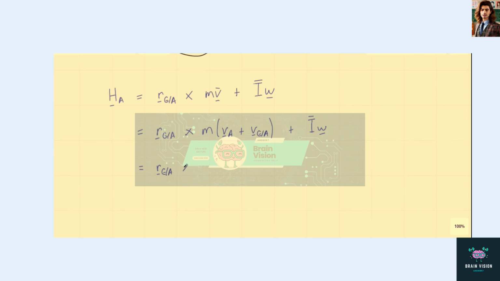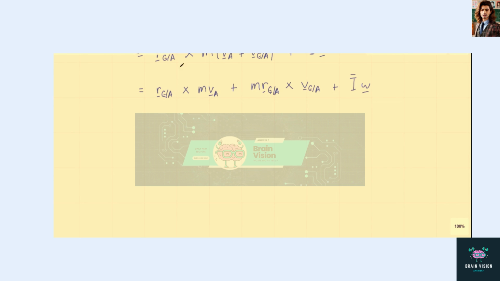And we can expand this further to be r_GA cross with m V_A plus m r_GA cross with V_GA plus again I bar omega. So we just open out the cross product and take the cross product of the two terms in the brackets.